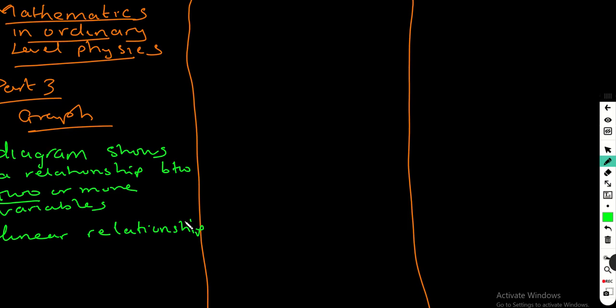Now these two variables can be called x and y. This x and y are called variables, and these variables are what we call physical quantities.